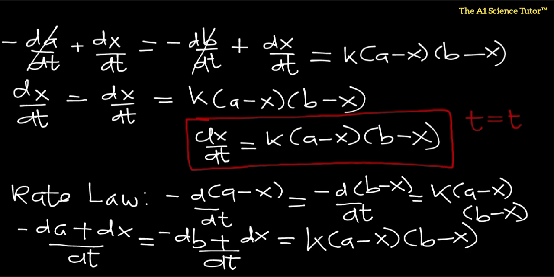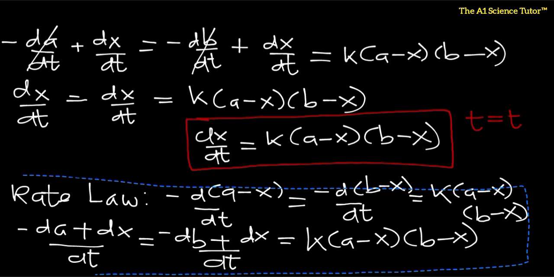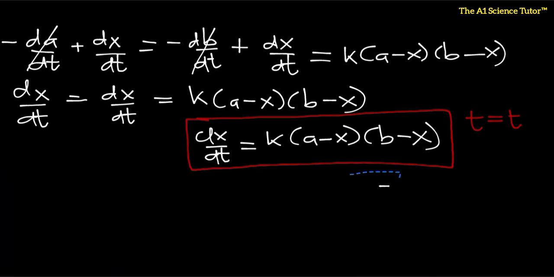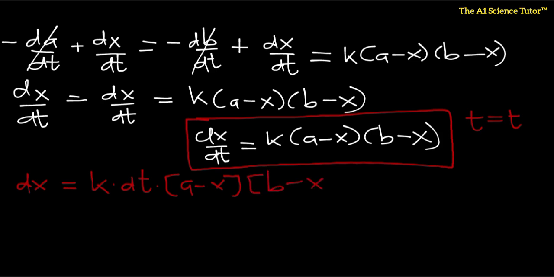Now this is the equation which we need to integrate. So basically, I could take dt and multiply it to the right hand side. That will give me dx equal to k multiplied by dt, multiplied by (a minus x), and also multiplied by (b minus x).